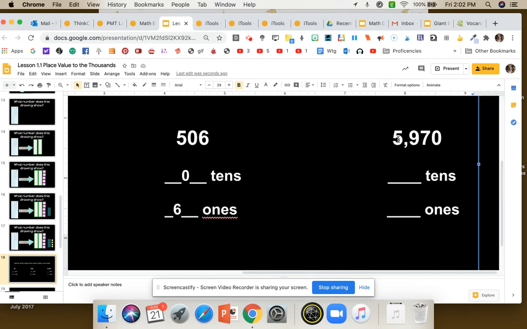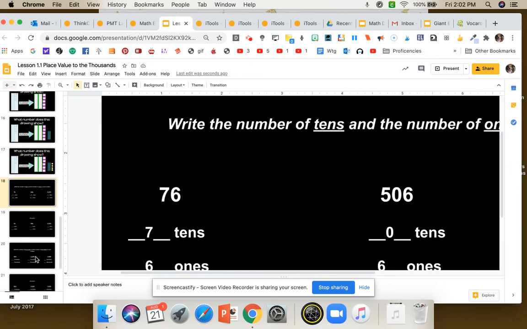Okay, over here we have 5,970. How many tens? Well, here's our tens place. We have 7. And how many ones? 0. Okay.